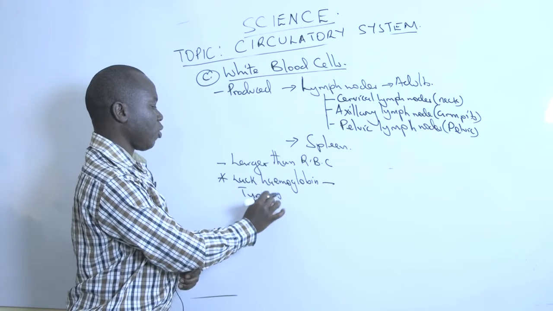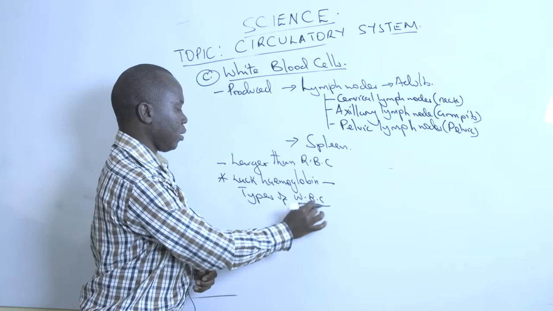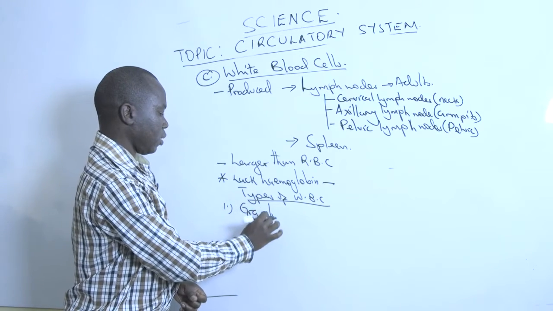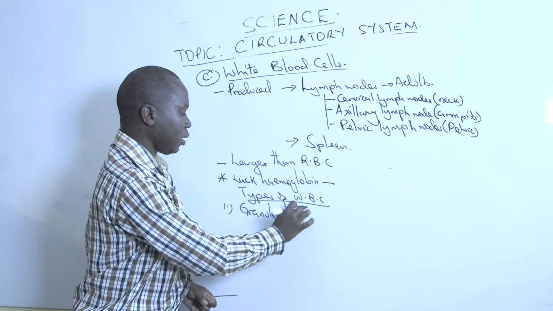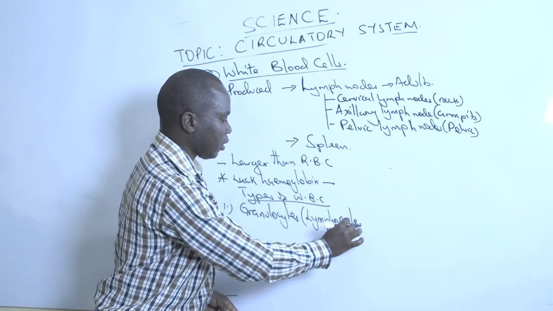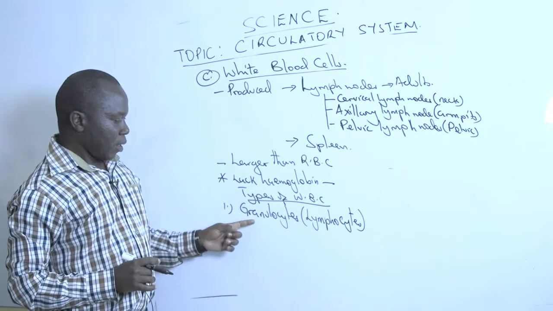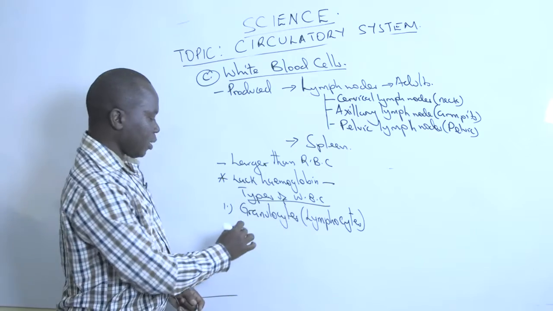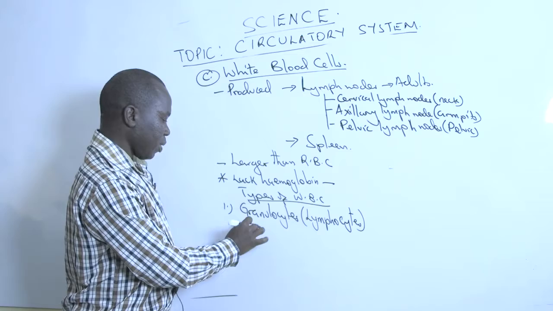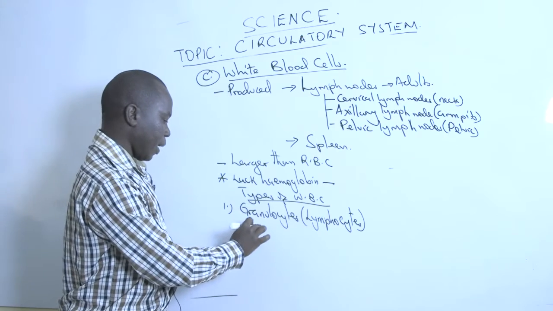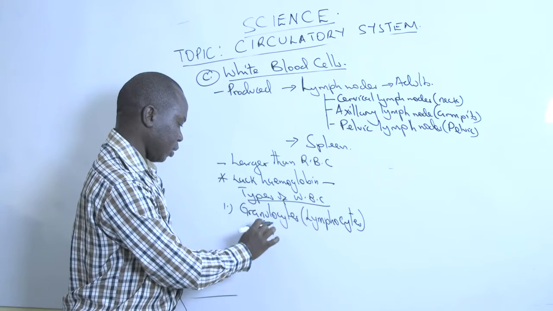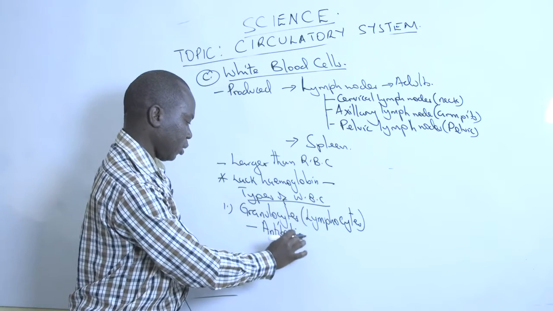We have two types of white blood cells. One of them are called lymphocytes. The reason is that they usually defend the body against microorganisms by producing antibodies.